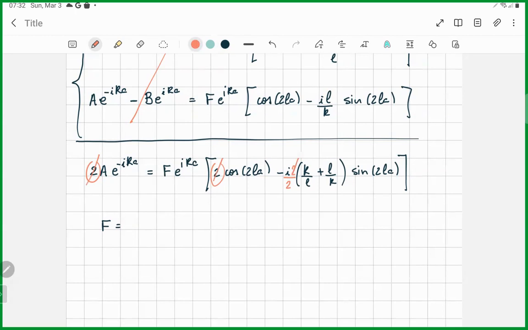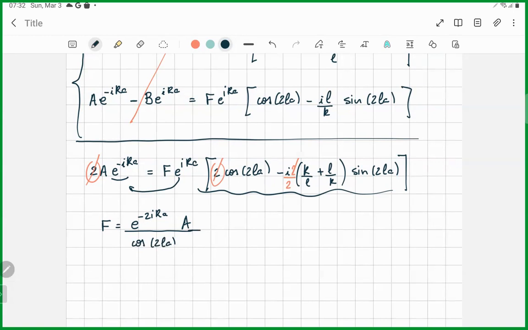And so we have that F is equal to exponential of minus 2IKA. Because this is minus, when I pass this one to this side, it also becomes minus. And now this whole term here is going to come to the denominator. So we have here cosine of 2LA.